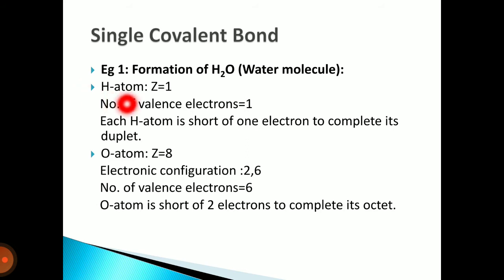A hydrogen atom with atomic number 1 has 1 valence electron. Each hydrogen atom is short of 1 electron to complete its duplet. Then we have the oxygen atom in the water molecule with atomic number 8, its configuration 2, 6. The oxygen atom has 6 valence electrons, so oxygen is short of 2 electrons to complete its octet.